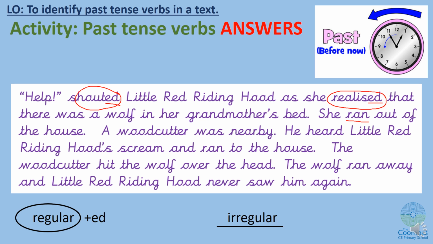He heard, it's an irregular one, it doesn't follow the spelling pattern. He heard Little Red Riding Hood scream and ran to the house. The woodcutter hit the wolf over the head.